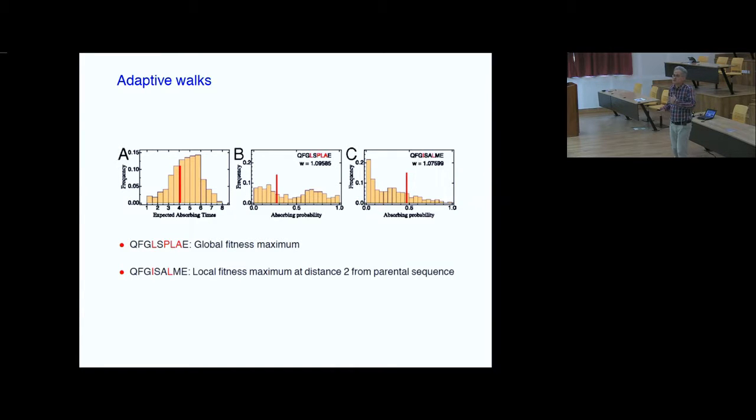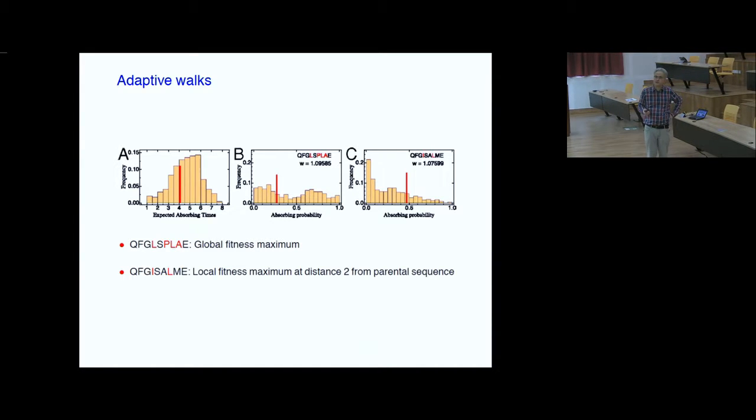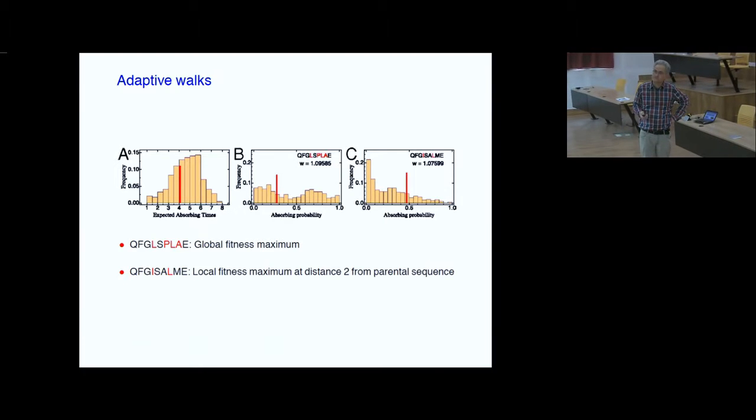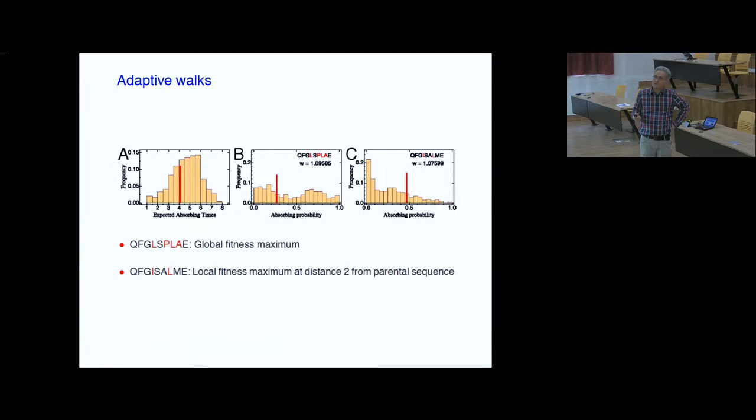You basically start adaptive walks from all possible genotypes, you let them run, and you ask how many steps they take. Here the largest absorption time is 8. And this red line is the absorption time if you start at the parental sequence, the wild type. Then they asked, what is the probability that starting at a certain genotype you will reach the global maximum?